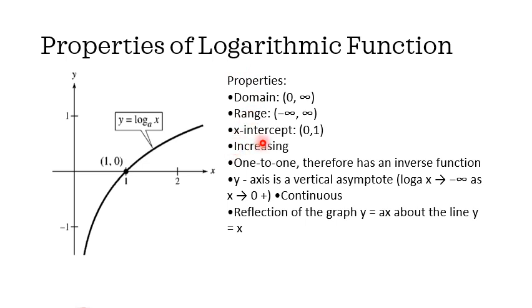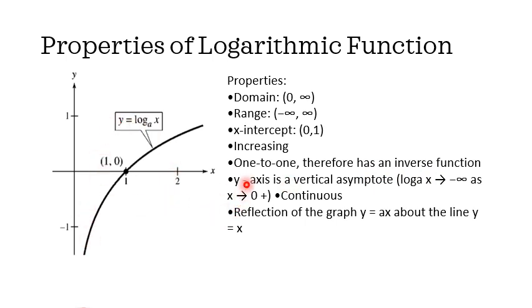The x-intercept is at 1, so the point is (1, 0). Take note that the logarithmic function is always increasing. Its value keeps increasing. It's one-to-one, therefore it has an inverse function, which is the exponential function.